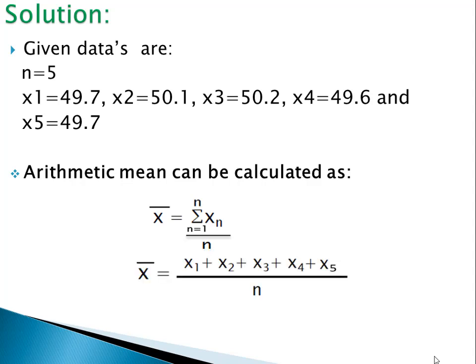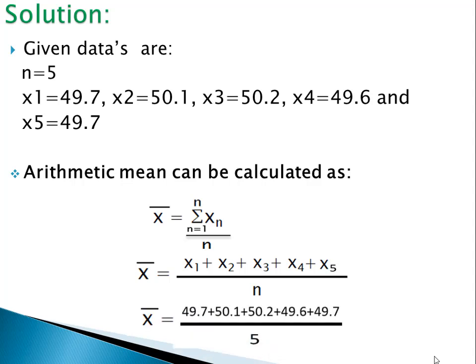According to our problem, total number of readings n is equal to 5, so the above equation can be written as x bar is equal to x1 plus x2 plus x3 plus x4 plus x5 divided by n.